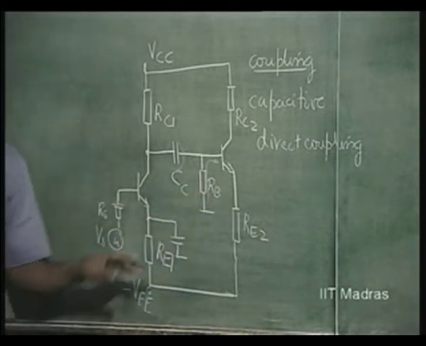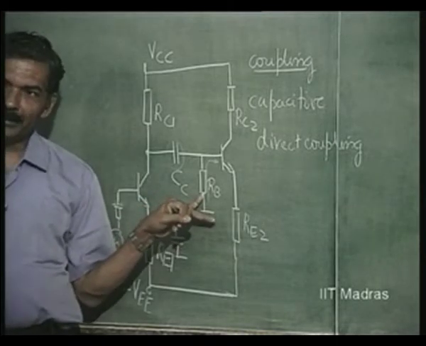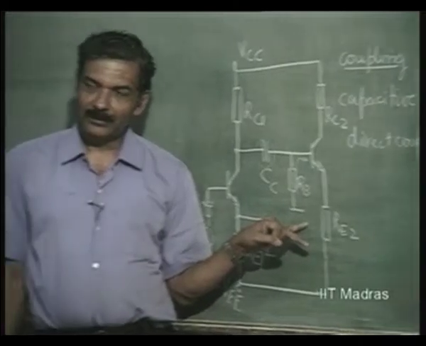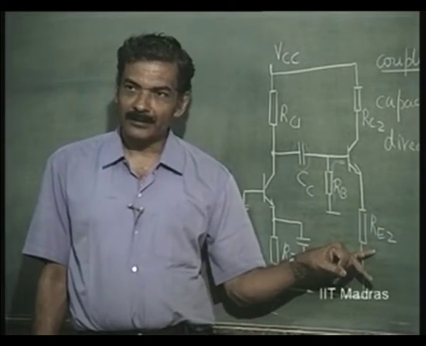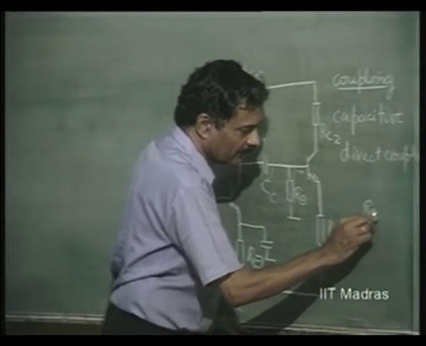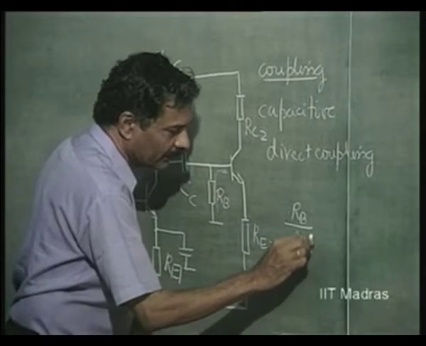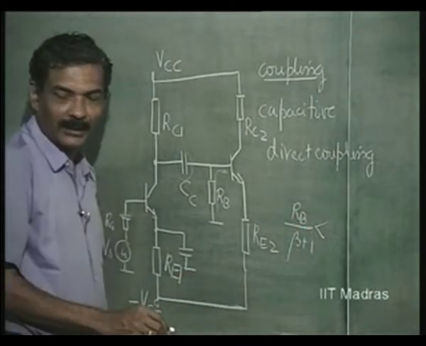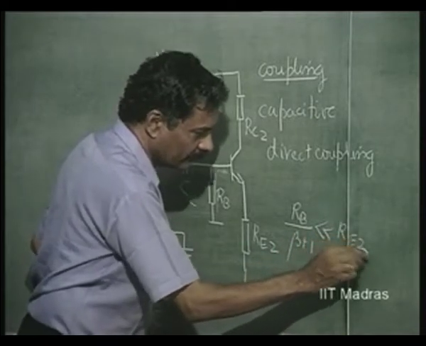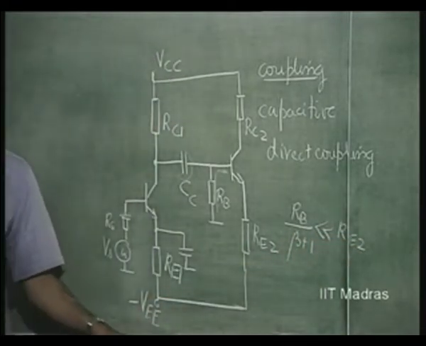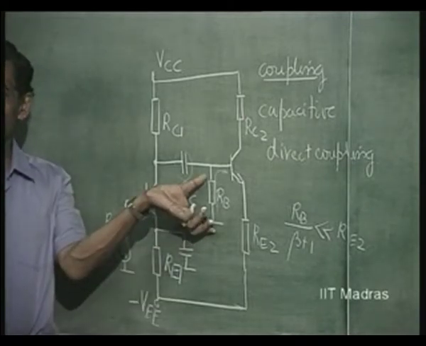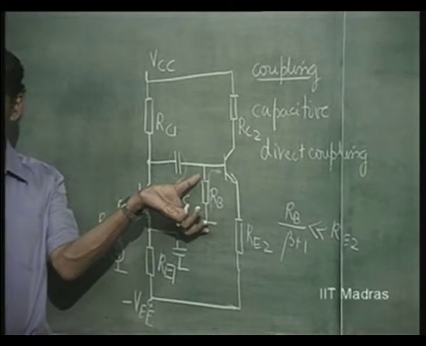How do you select RB? RB divided by beta plus 1 should still be small compared to RE2. This I have told you earlier. RB divided by beta plus 1 should still be less than RE2 for a stable operating point, so that the drop across RB can be neglected as far as the DC is concerned.